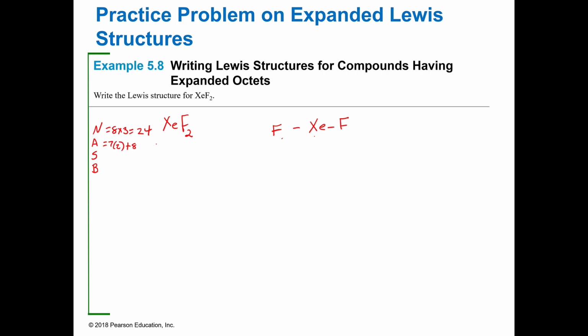And that gives me 22. So that says they're going to share 2, and there would be 1 bond. And this is where, when I see something like this, little sirens go off in my head, because I know this is going to be a violator.